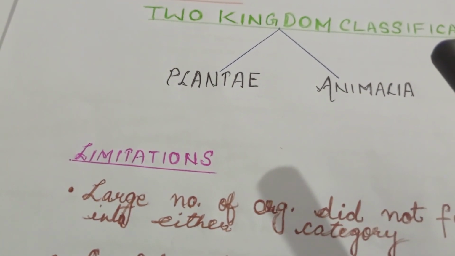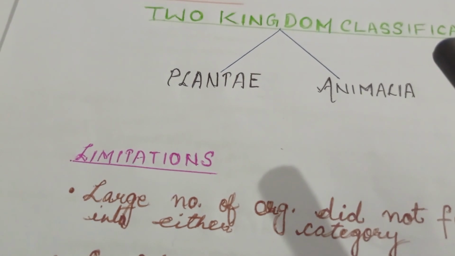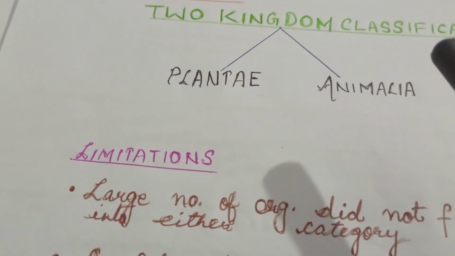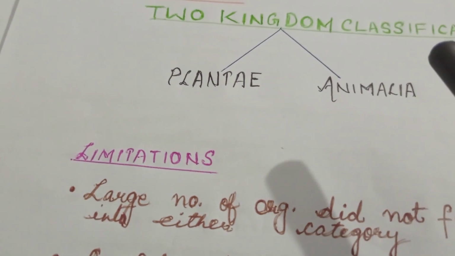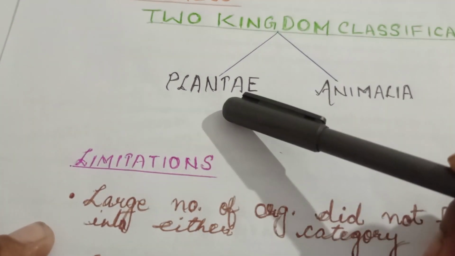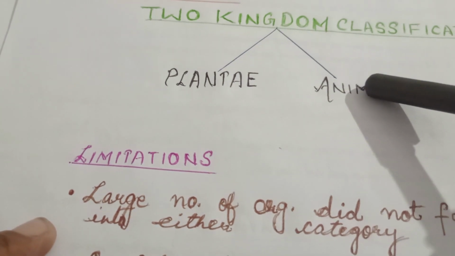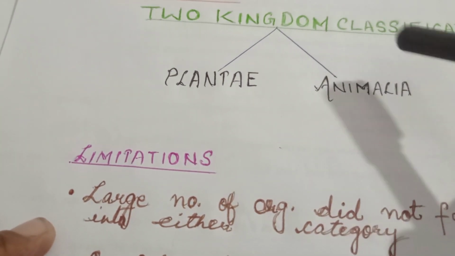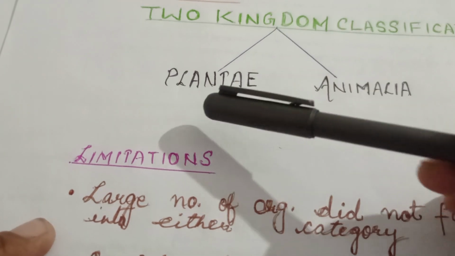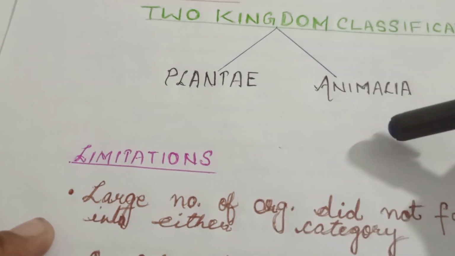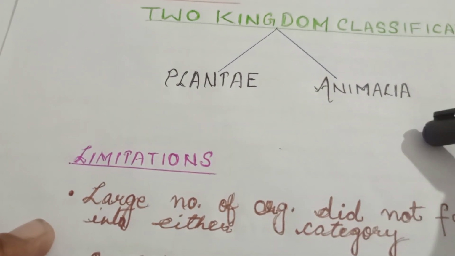Some organisms are made up of a single cell, they are called unicellular. At the same time, many organisms are made up of many cells. So they fall in both plants and animals. As I told you about eukaryotes and prokaryotes, there are prokaryotes in plants also, and in animals also.